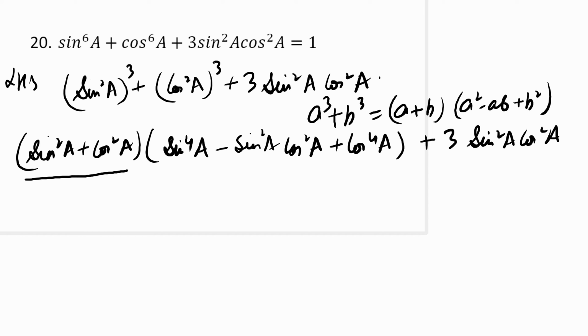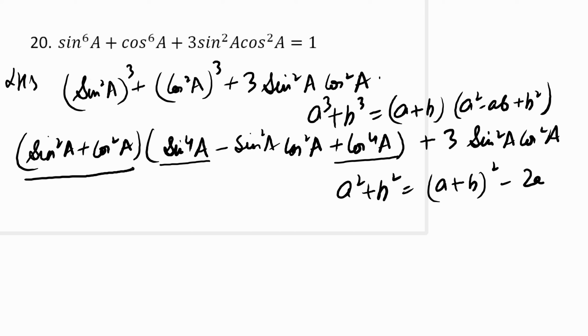So sin square a plus cos square a will become 1, and for sin 4a and cos 4a we will apply the formula a square plus b square is equal to a plus b whole square minus 2ab.